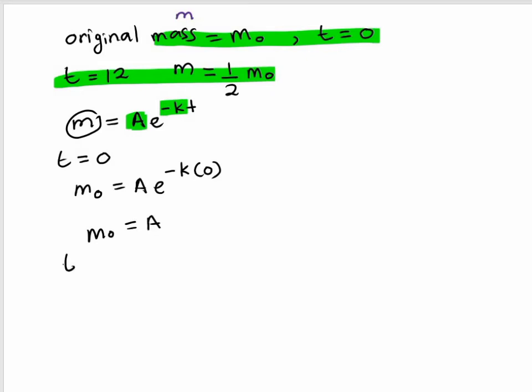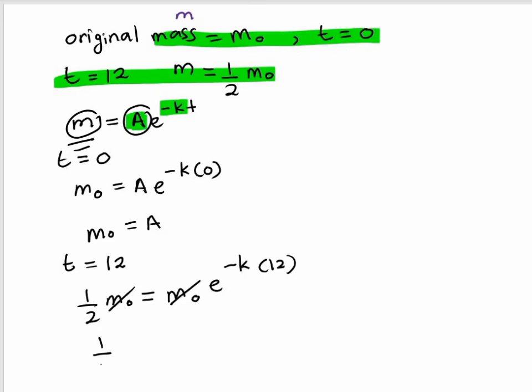And then next, when t equals 12, our m is half of m naught, equals, and now we have the value of a. Our a is m naught, and then e to the power of negative k, and our t is 12. So we can cancel m naught and m naught.